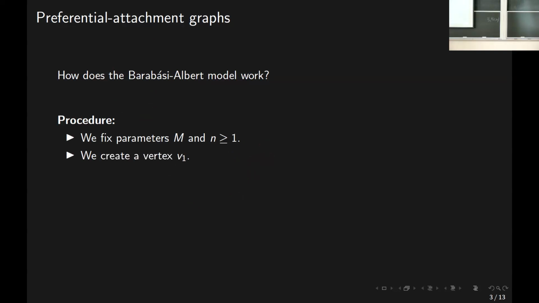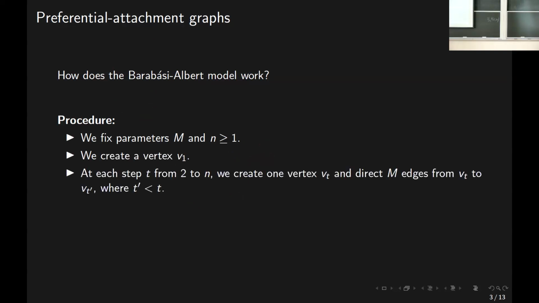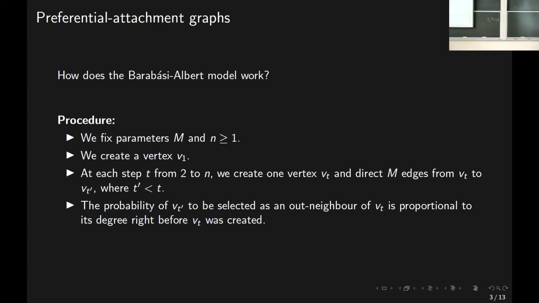We create a first vertex v1, and at each step t from 2 to n, we create one vertex vt, and then we direct m edges from vt to vt', where t' is less than t. So from the vertex, we direct m edges to vertices that appeared before the vertex that we have just created.